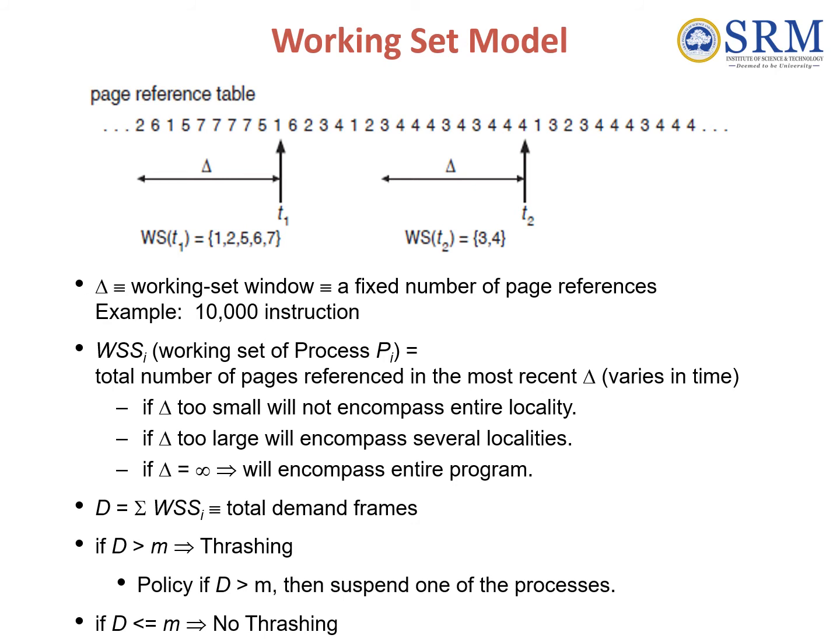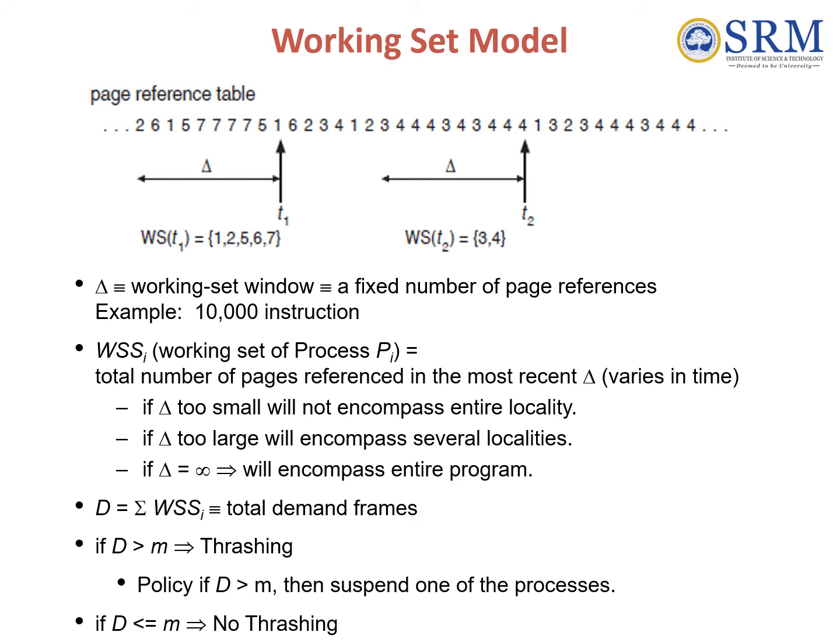In this case, the working set size WSSi of a process Pi, for that particular Pi, is the total number of pages referenced in the most recent delta. That may vary from time to time.